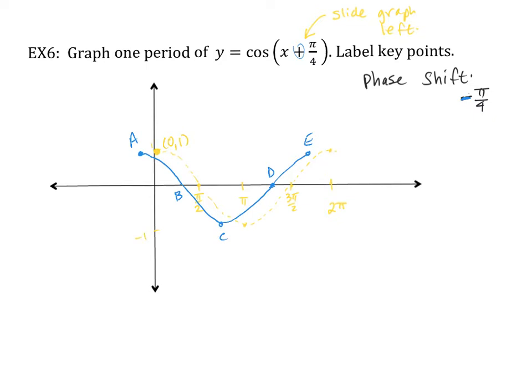But now A has shifted, so we started right back there because of that phase shift. So now we're at negative pi over 4 and 1. And then B, that was this original point right here at pi over 2, but we've shifted back. So that would be at pi over 4, 0.